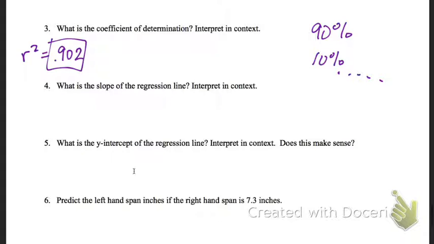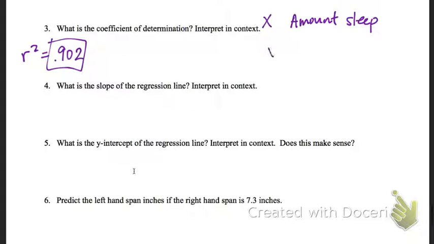So let me give you another example that might make a little bit more sense, because this right-hand span, left-hand span is not necessarily a good one. So let's say that I was collecting data and I was collecting how well you did on a test by measuring the amount of sleep. So your x is amount of sleep, your y is your test grade. And I got a strong positive linear association between the two.